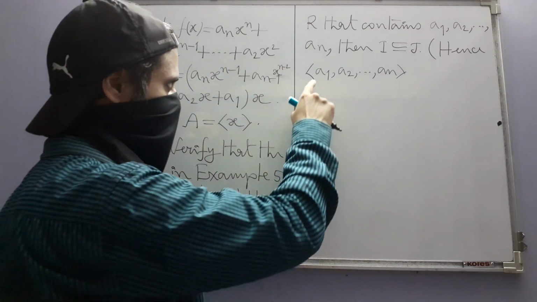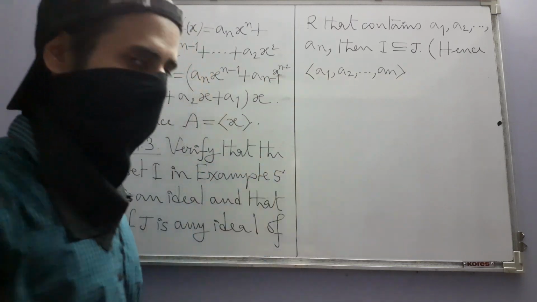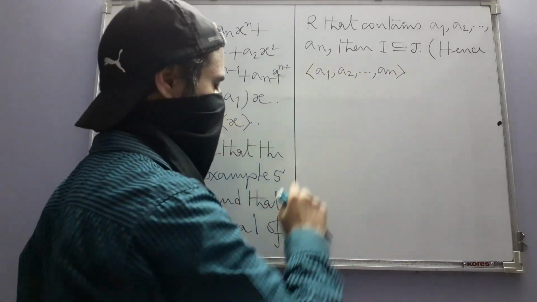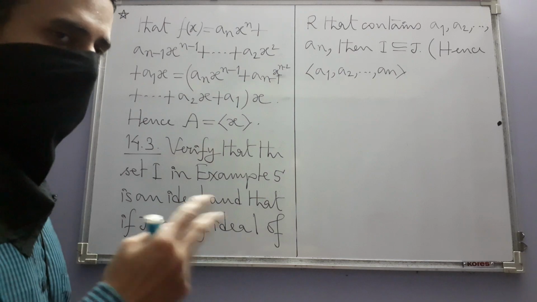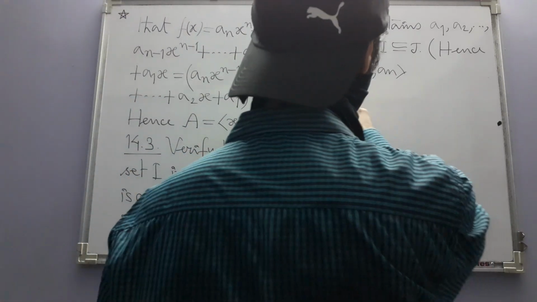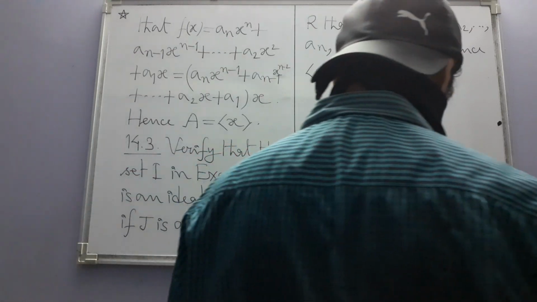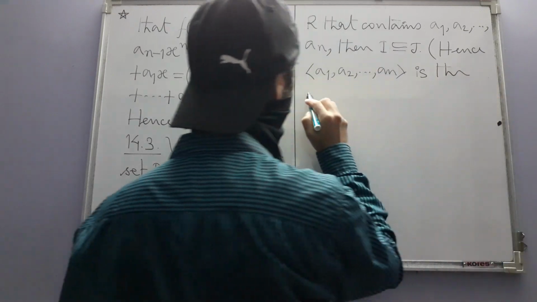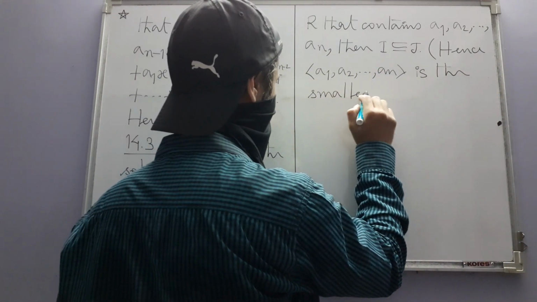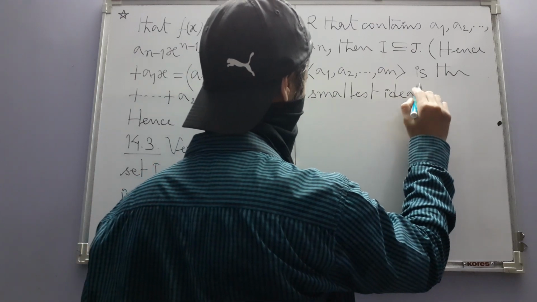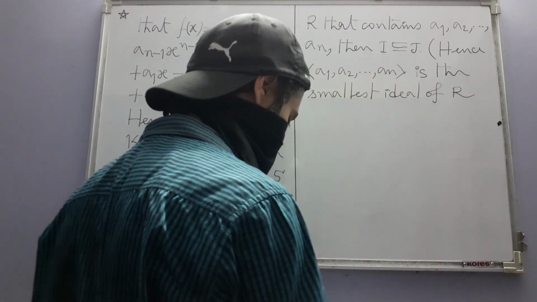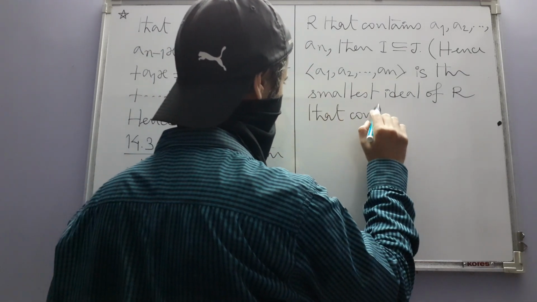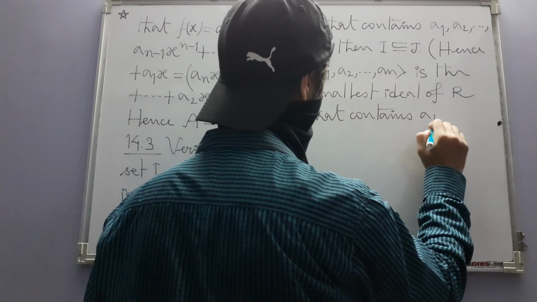Here, in place of a single ring element, we have a number of elements, finitely many elements, and the elements in this subset are not multiples of these elements, but it has some other structure. Sum of multiples of these elements is the smallest ideal of R that contains these elements.